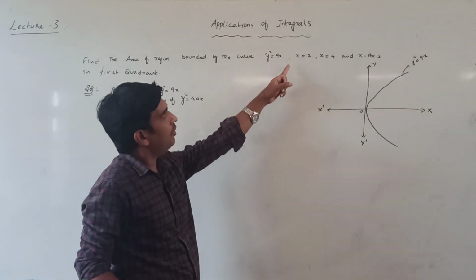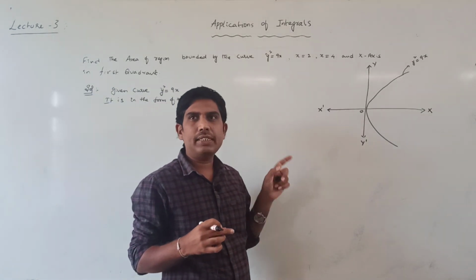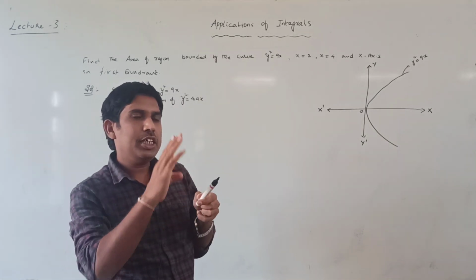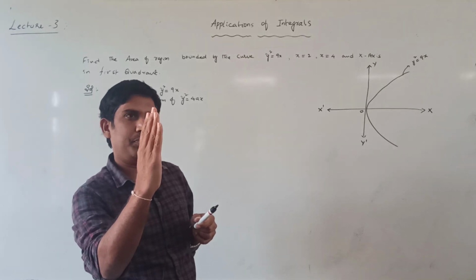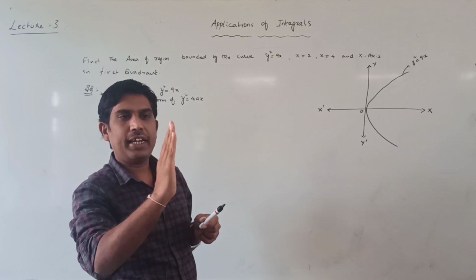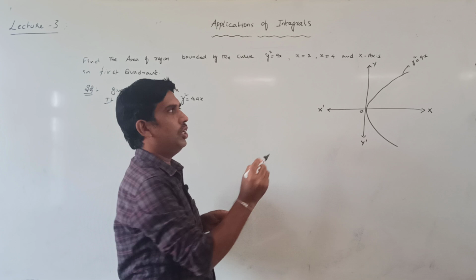Next, what is given here? x is equal to 2. So x is equal to 2 represents a vertical line towards the right of the y axis, at a distance of 2 units from the origin.